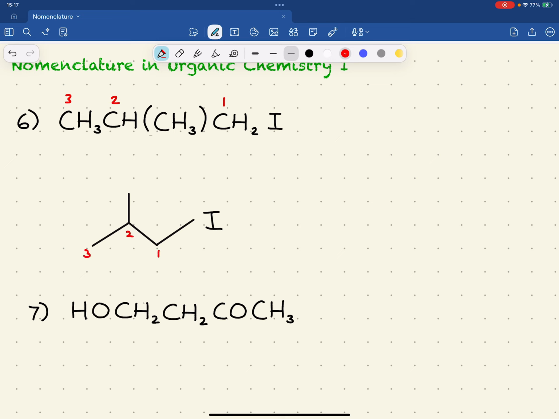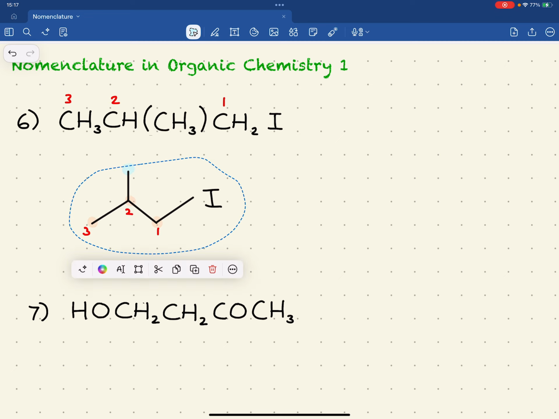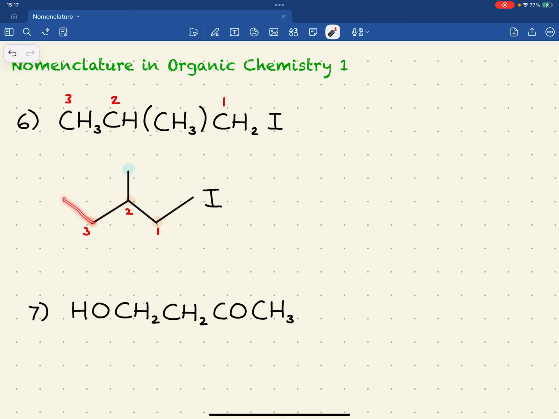The longest chain then is 3. 1, 2, 3. We've got a methyl group coming off carbon 2. Hopefully we realise that this methyl group cannot be on any other carbon than carbon 2. If it came off carbon 3, for example, if it went there, then it'd simply be just 4 in the carbon chain.